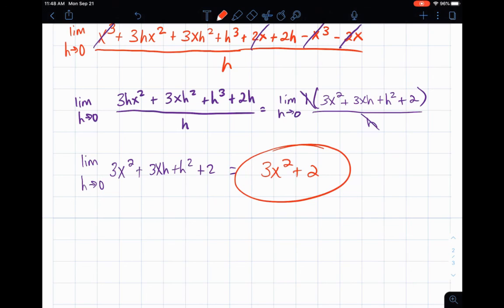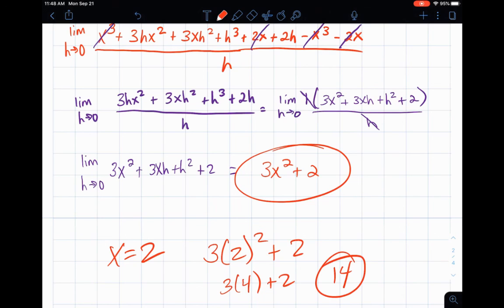So the whole purpose of this is now we have this equation. Let's say I want to know what the slope of the tangent line is at x equals 2. I can now take 2 and plug it in here. And I can say, okay, the slope of the tangent line at x equals 2 is 14.